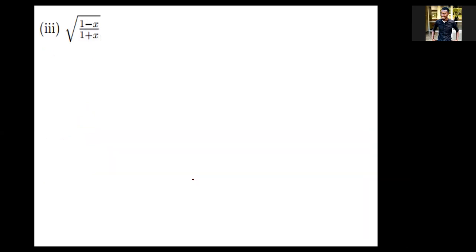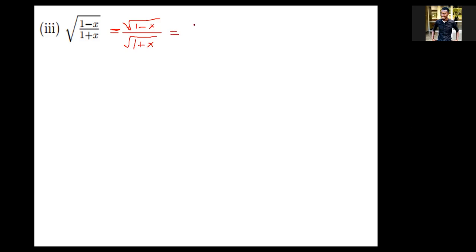So this one again is straightforward. For this one, I'll show you how to simplify it, and then expanding it is not that difficult. So this one can also be written as the square root of 1 minus x, then everything over the square root of 1 plus x.